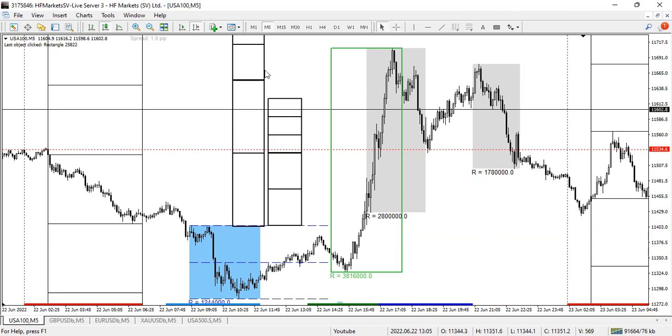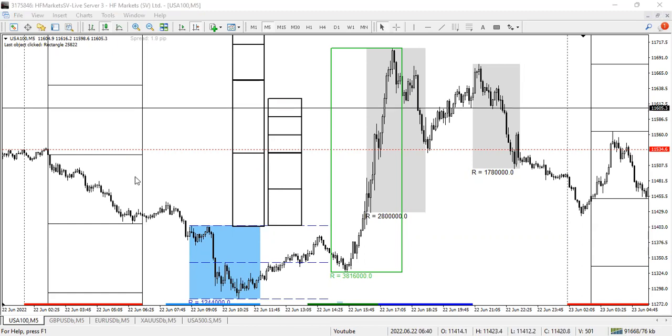Do you use Asian range or deviations? I barely use Asian range for anything these days, to be completely honest. What I do look at for Asian range is if we're getting deviations of Asian range.